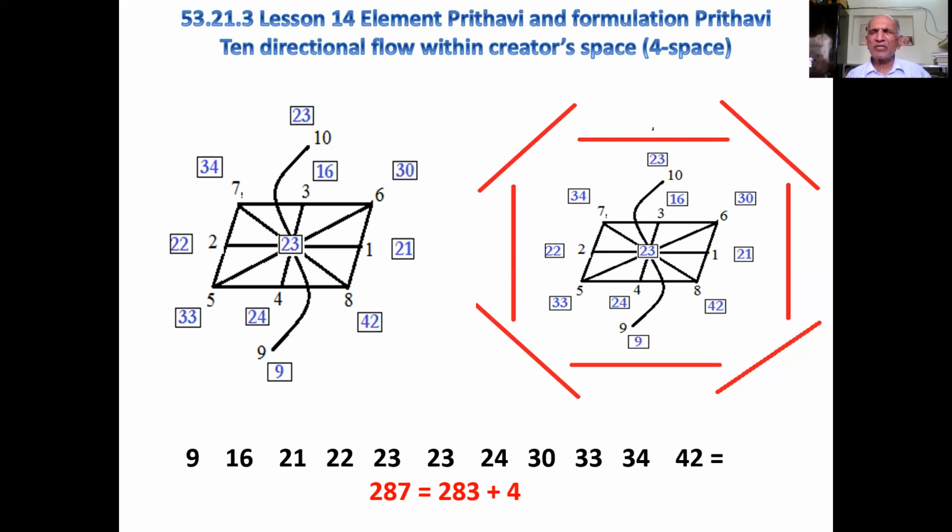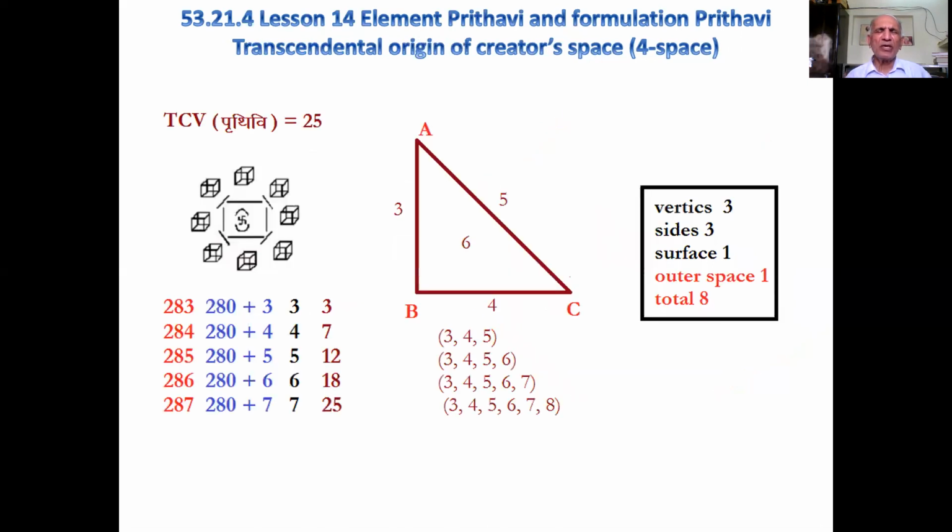And the first element is the Prithvi. Prithvi is one of the five elements. There are five basic elements. These are designated as Mahabhut. There are Panch Mahabhut. Now, we are concentrating at the transcendental origin of the creator's space. Let us see the formulation Prithvi.